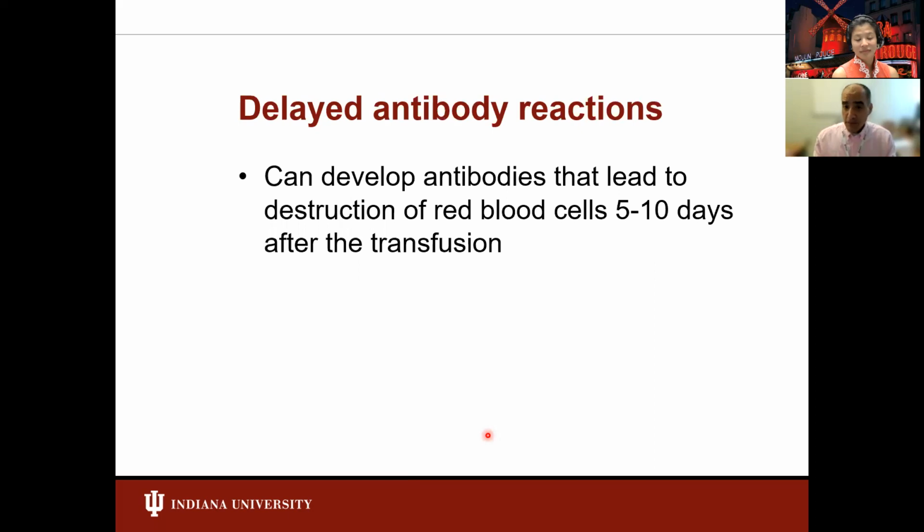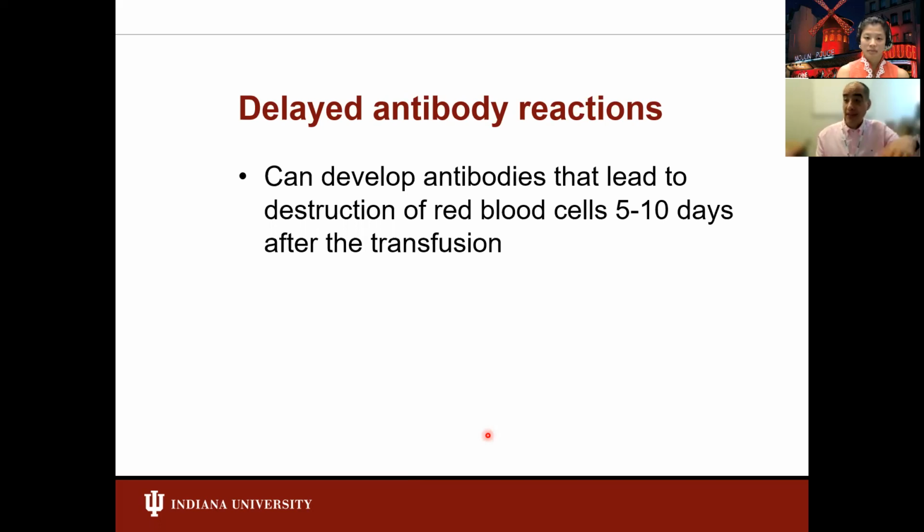Now, sometimes people can have what we call delayed antibody reactions. What happens is that you have those antibodies, but you haven't been exposed to blood in several years, so the body's not making the antibodies at that time. They have the capability to do it, but because they haven't seen blood in so long, when they do the cross match, you can't see any of those antibodies in the blood.